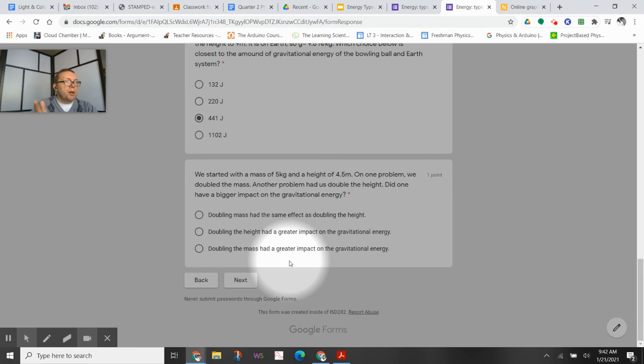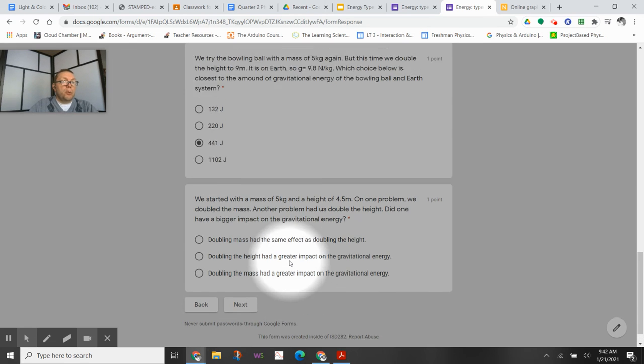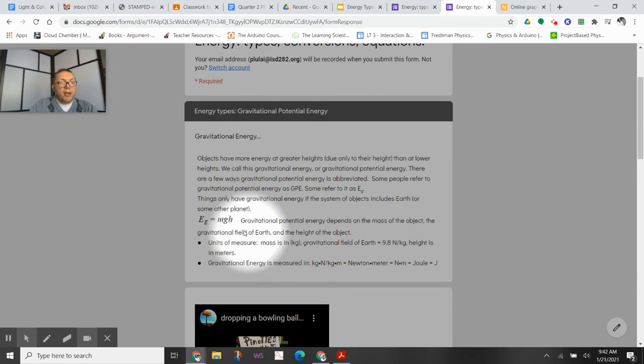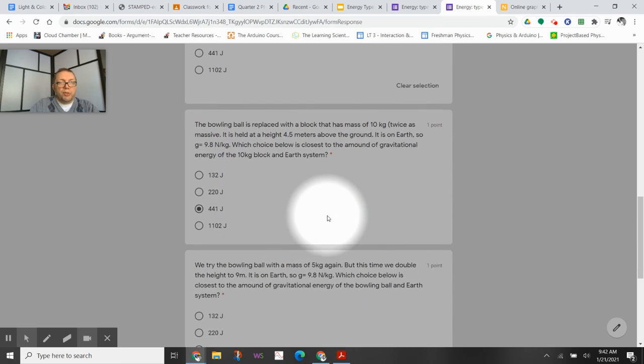So doubling one, doubling the other had the exact same effect, right? And that goes back to our equation. In the kinetic energy equation, it was velocity squared in there, and so changing the velocity had a bigger impact. Here, nothing is squared, nothing is square rooted. So if I double any one of these things, that's going to double the gravitational energy, just flat out.